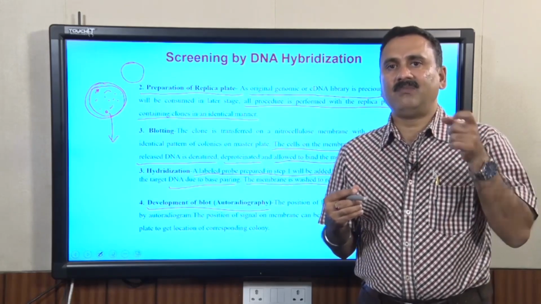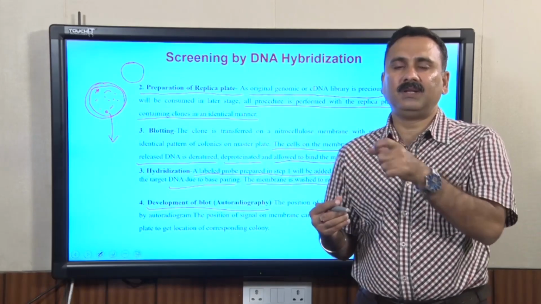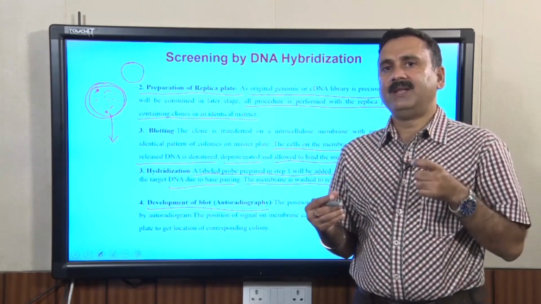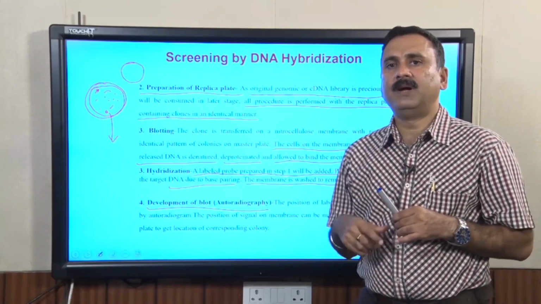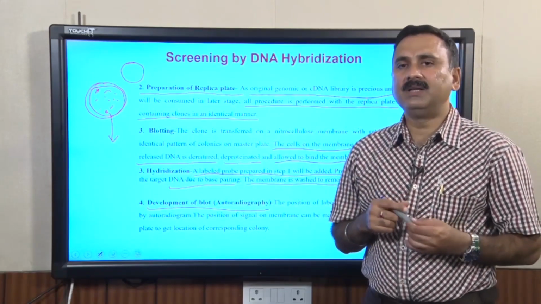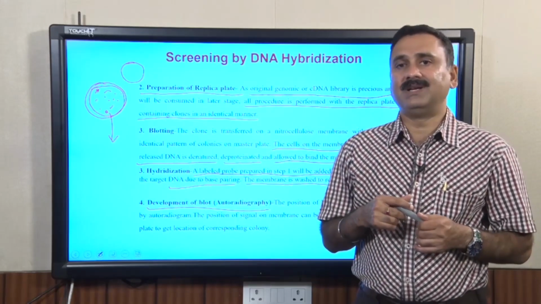That signal can be used to tell that this is the location of the clone, and then you can take that location and put it into the master plate to extract the clone of your interest which contains the gene.